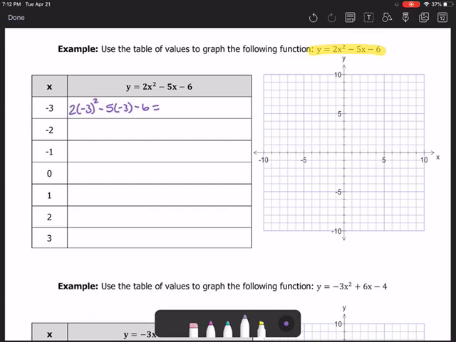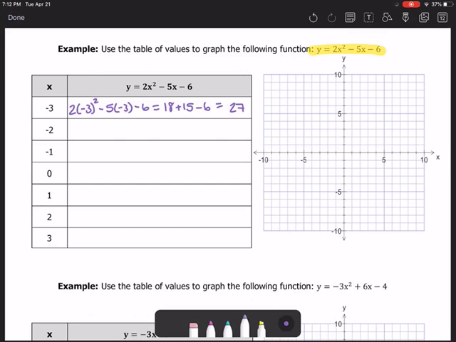And we solve. So we have 2 times negative 3 squared. Negative 3 squared is 9, times 2 is 18. Negative 5 times negative 3 is going to give me a positive 15, and then negative 6. Then 18 plus 15 minus 6 will give me 27.